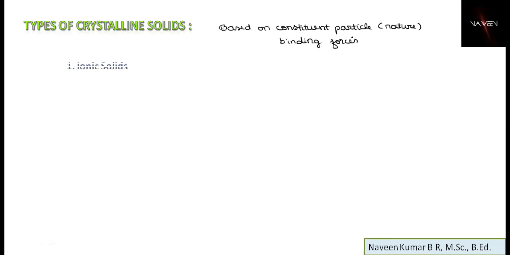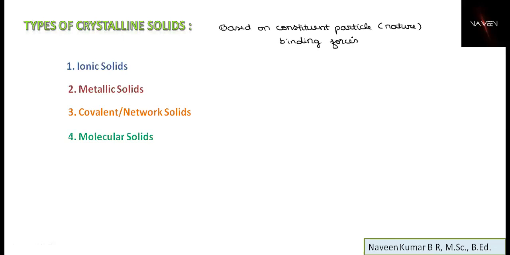They are ionic solids, metallic solids, covalent or network solids, and molecular solids. Ionic, metallic, covalent, and molecular solids.